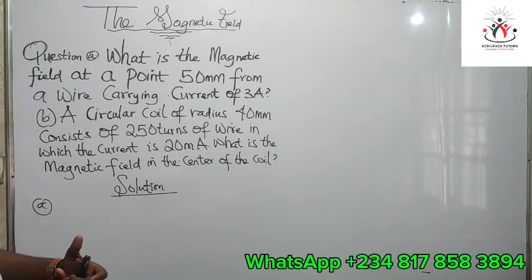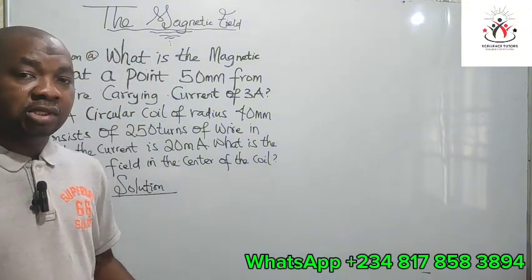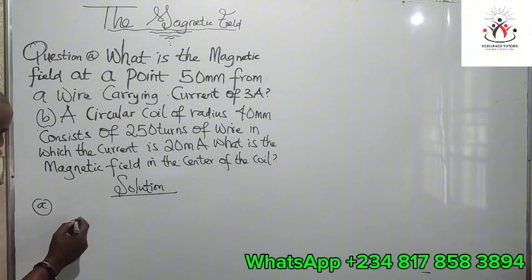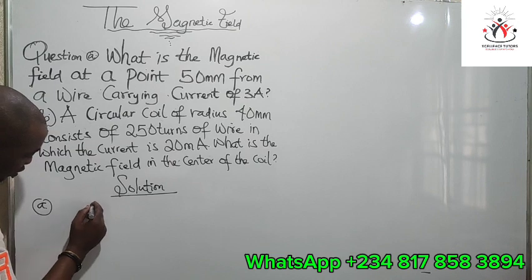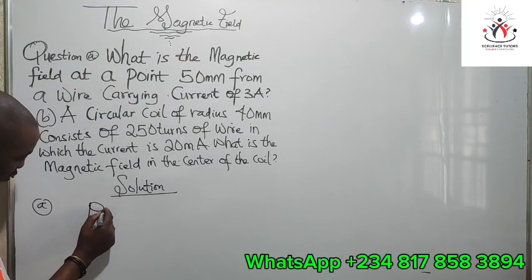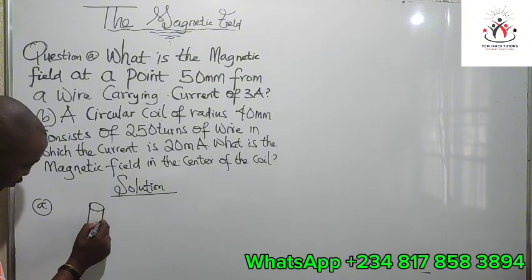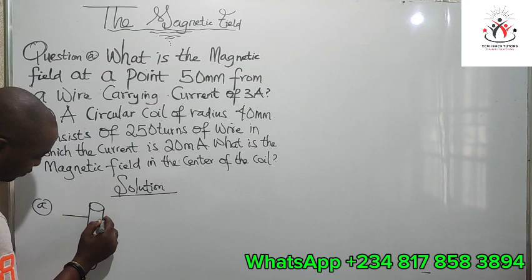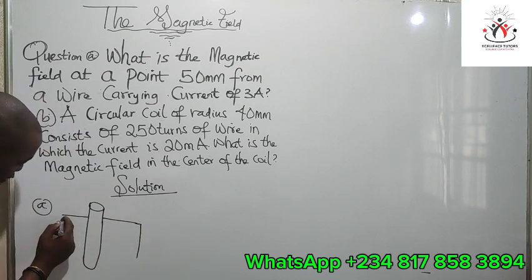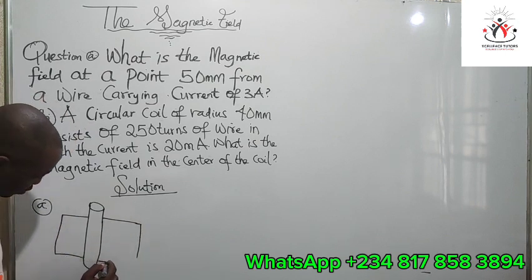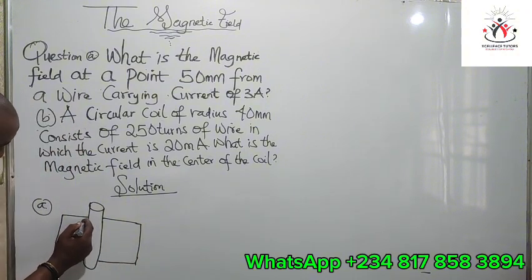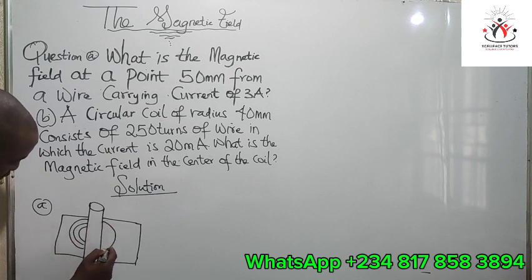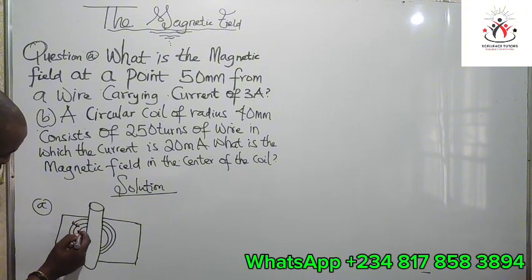So let's talk about a straight conductor carrying current. This is a straight conductor, and we have the lines of the magnetic field around it.